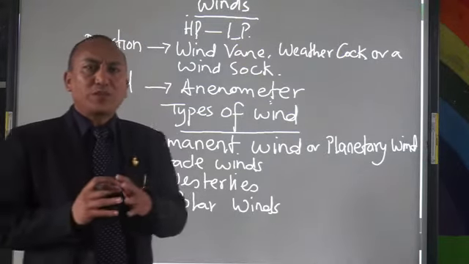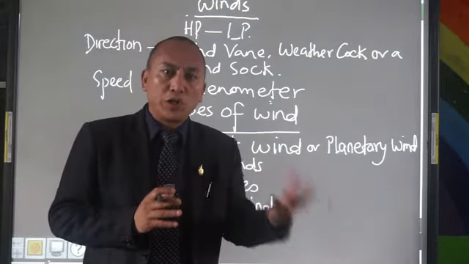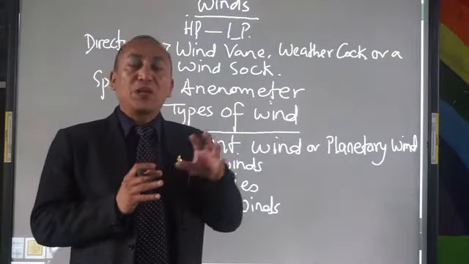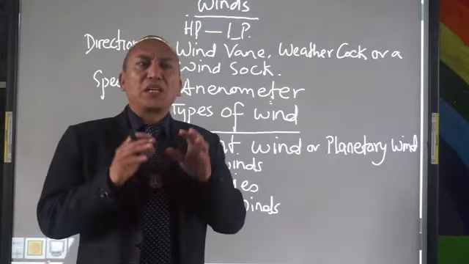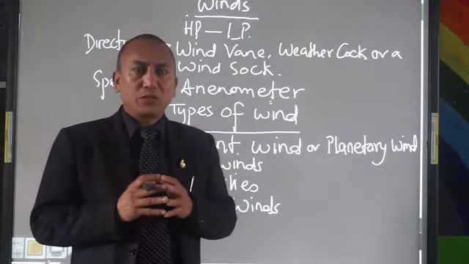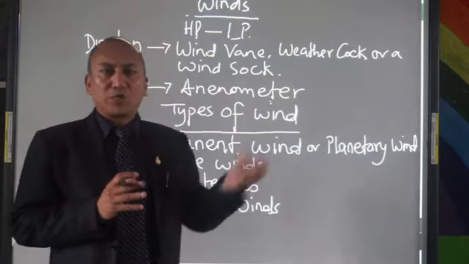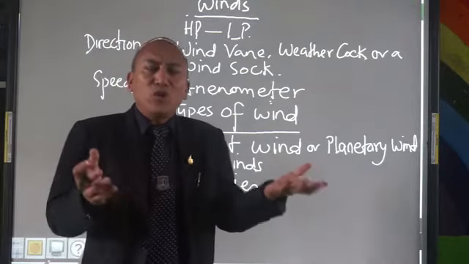Now, wind speed varies from place to place. In some areas the winds are stronger, some areas the winds are milder, some areas the winds are very destructive. Again, some areas have practically very little wind. We saw that in the last class, as I was talking about the pressure belts. The doldrums practically have no winds at all.